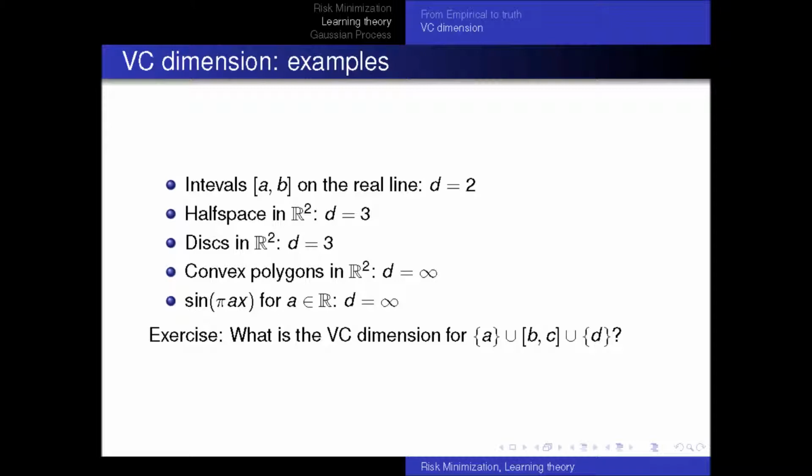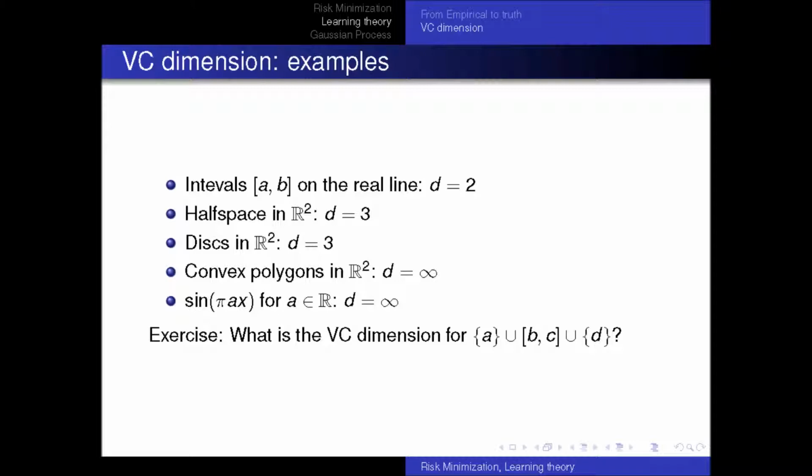And after this, you need to prove 5 points cannot be shattered by this function class. So for 5 points, an easy case would be something like this. You want to pick out the first 2 points and the last 2 points, and you don't want to pick the middle point. You cannot use this interval to do a pickup like this.